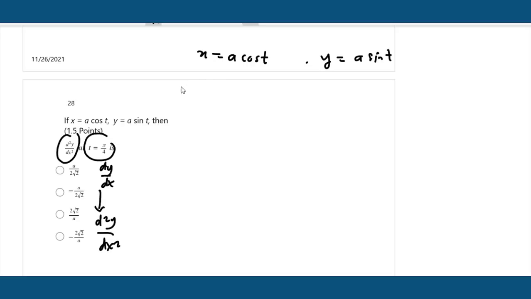Okay, so to find dy/dx, we need to use the chain rule. Differentiate x with respect to t. Okay, this one is a sin t. Remember, differentiate cos in negative. Next step is differentiate y with respect to t. So a cos t.